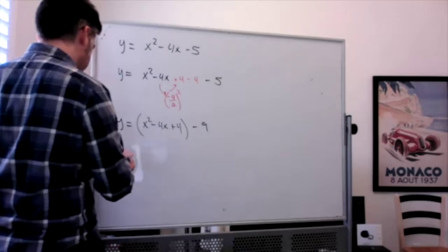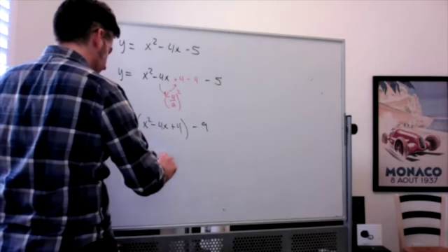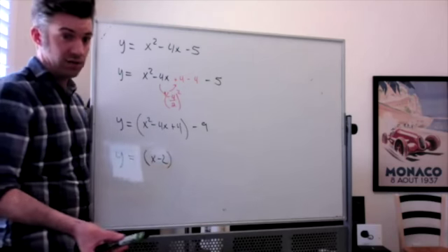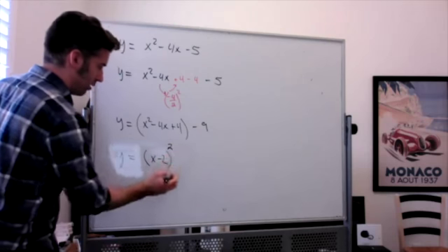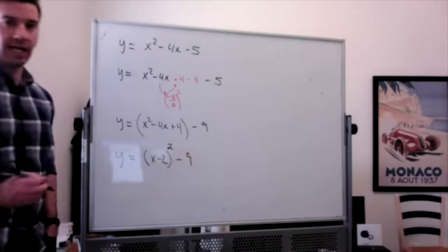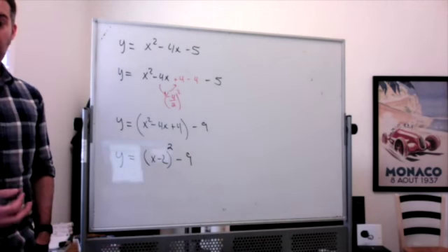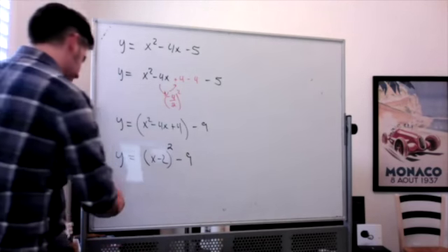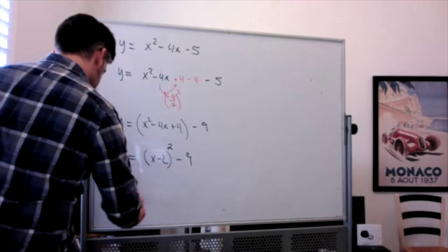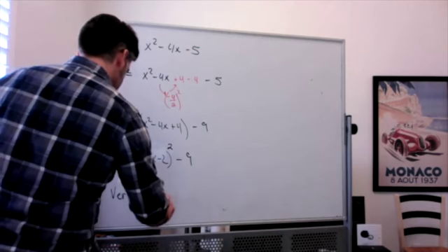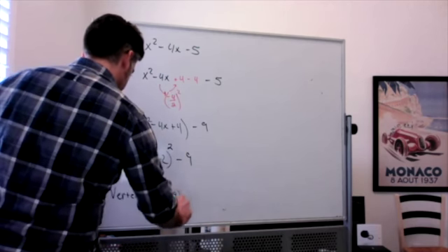So this can be rewritten as x minus 2 times x minus 2, or x minus 2 squared minus 9. And now we can see that the vertex is positive 2, negative 9.